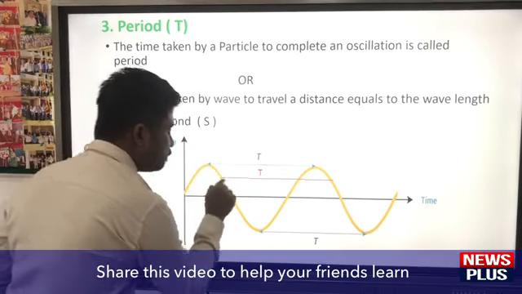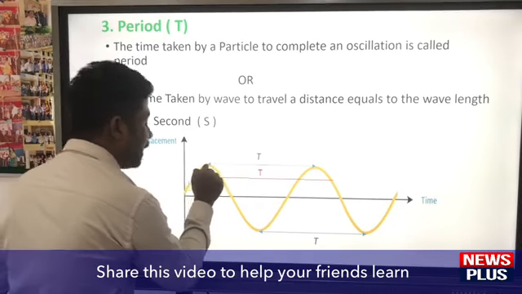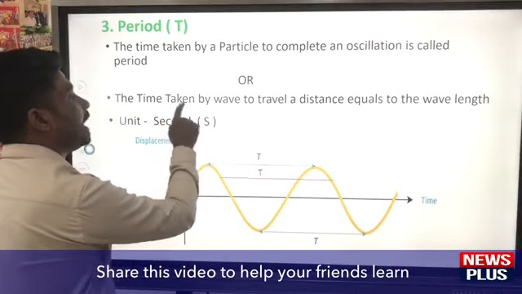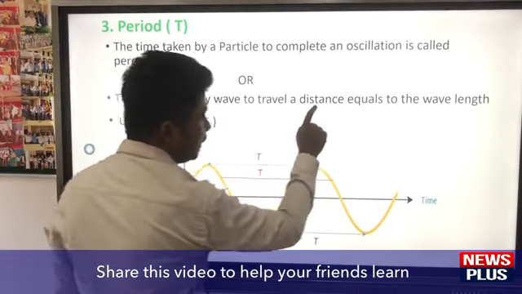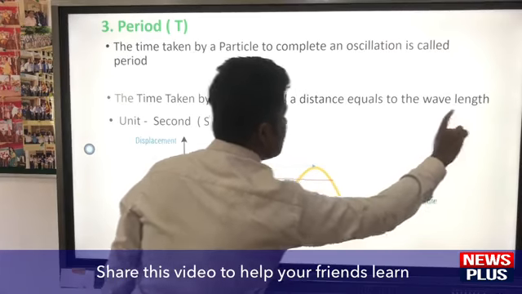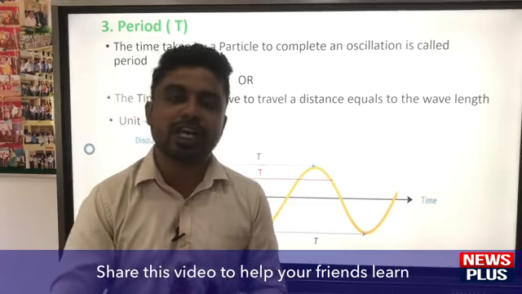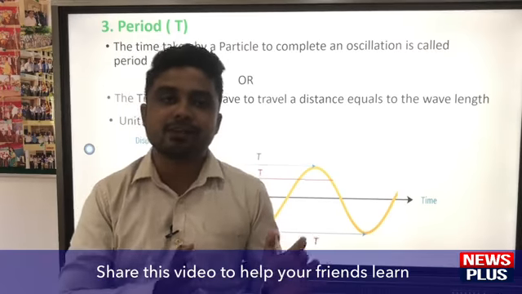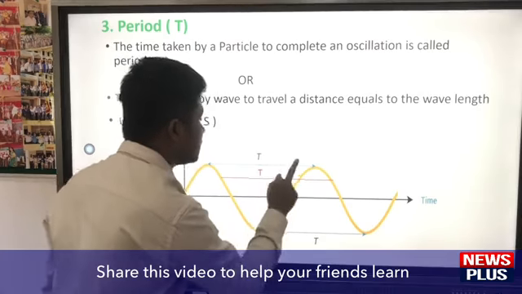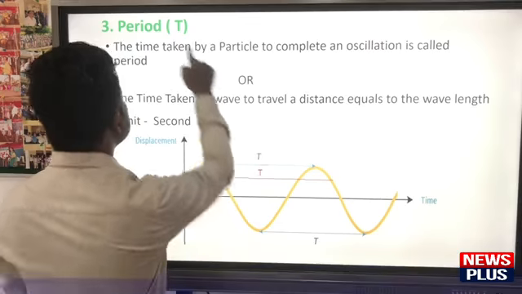This wave is moving this side, and see, the time taken by the wave to travel a distance equal to the wavelength. For example, if the wave moves 10 meters in 10 seconds, that distance is the wavelength, and the time taken is the period.